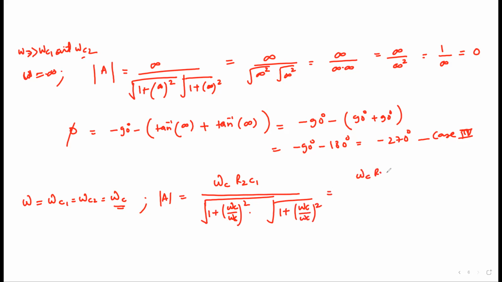We see here what value we have. It is square root 2, square root 2, and that is omega C R2 C1 divided by 2. That's the magnitude we have.